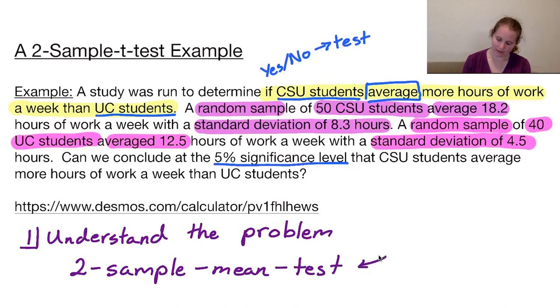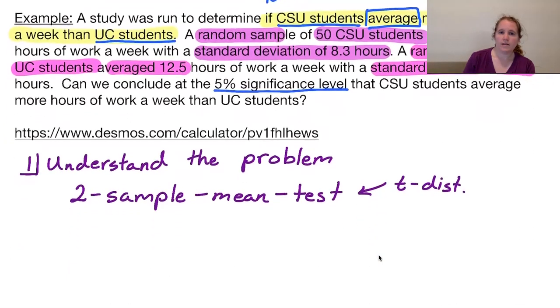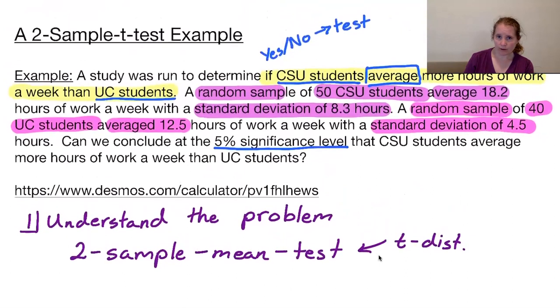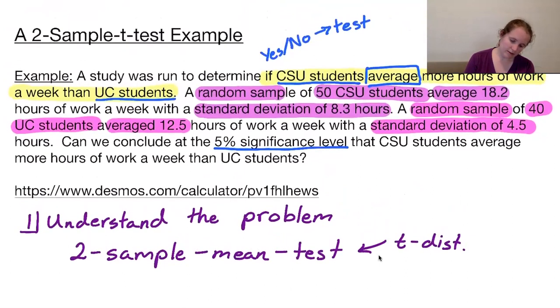And again, we're using a t-distribution because we only have the sample standard deviations. From here, we should record all of our sample information.